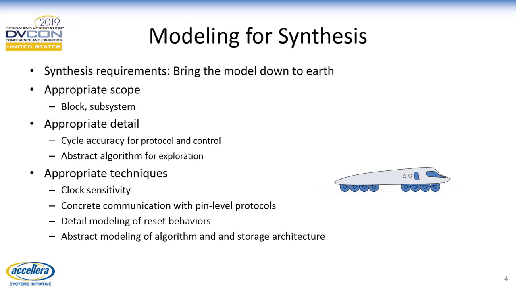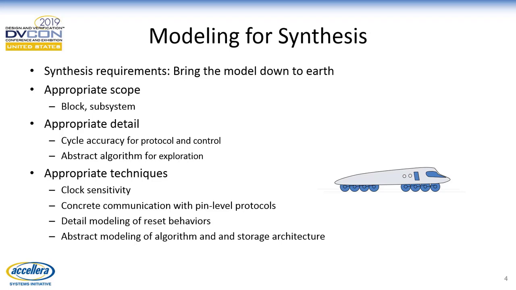If you are going to model for synthesis, you kind of have to bring that high-flying abstract model down to earth a little bit. And the appropriate scope for this is not really the full system. You're going to be implementing one block at a time, 5 blocks in a subsystem, 5 subsystems into a bigger subsystem. And the appropriate level of detail is cycle accurate for protocol and control.